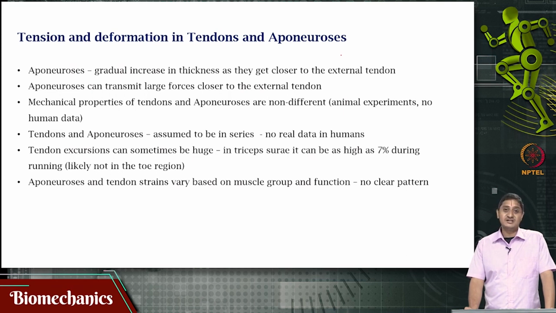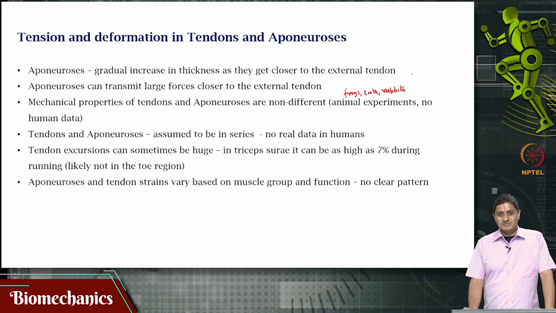People have attempted to study if there are any differences between tendons and aponeurosis. It turns out that the mechanical properties of tendons and aponeurosis are not different from each other. Of course, these studies were performed on frogs, cats, rabbits, small animal experiments.